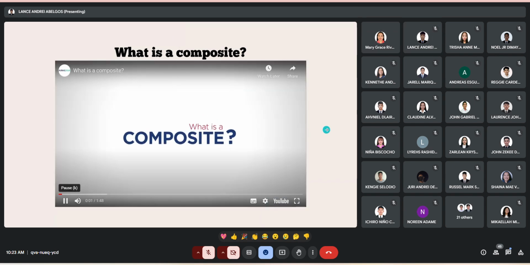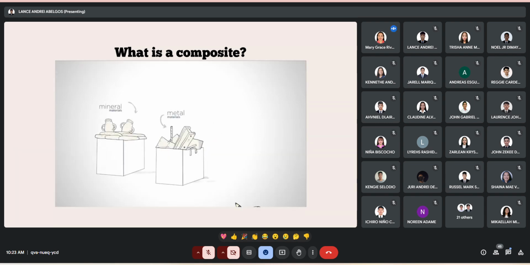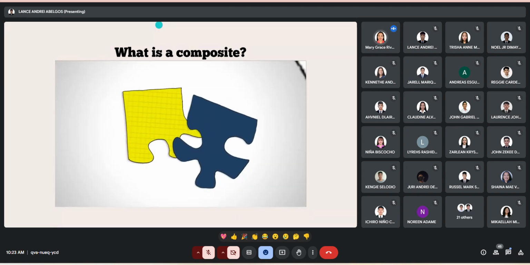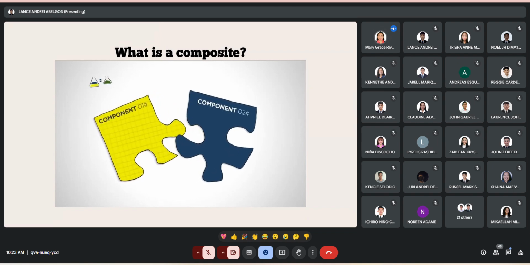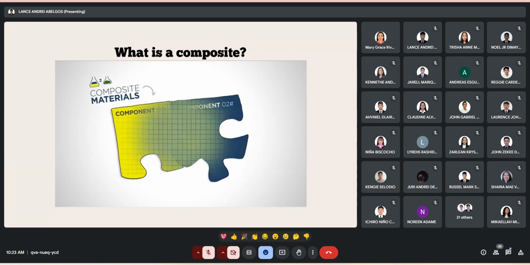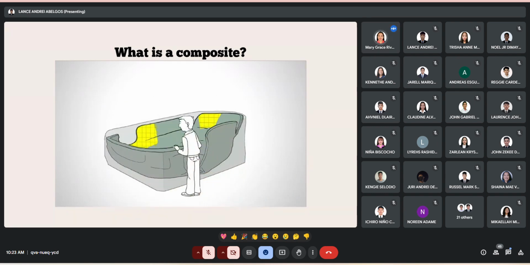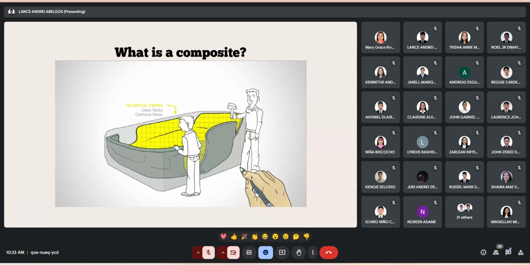What is a composite? To understand what this material is composed of, let's take a closer look at its structure. It has at least two different components whose properties complement each other. The first is most often made up of technical fibers, such as glass or carbon fibers, and is used to reinforce the strength of the product.